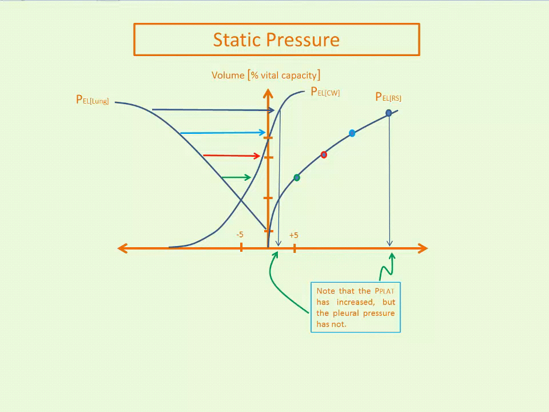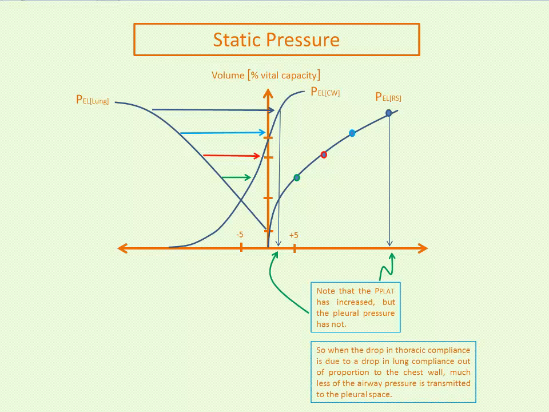So again, just to reiterate, the plateau pressure is increased because of the poorly compliant respiratory system, but the pleural pressure is relatively spared, and that's because the primary problem here is a drop in the pulmonary compliance, not the chest wall compliance.